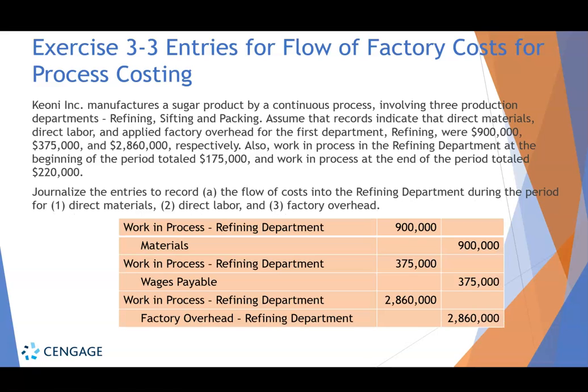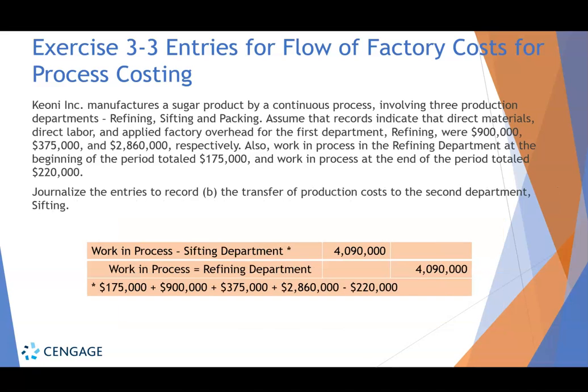So we'll debit work in process refining department, $900,000, we credit materials. For the labor, we debit our work in process refining department, we credit our wages payable. And then our applied factory overhead, we debit our work in process and we credit our factory overhead.